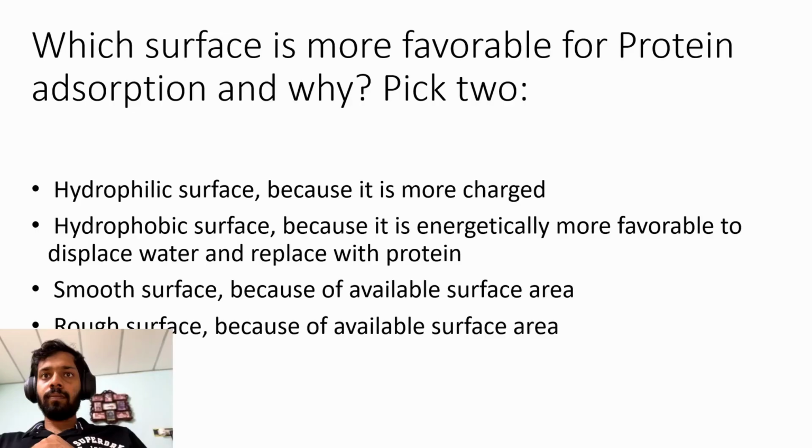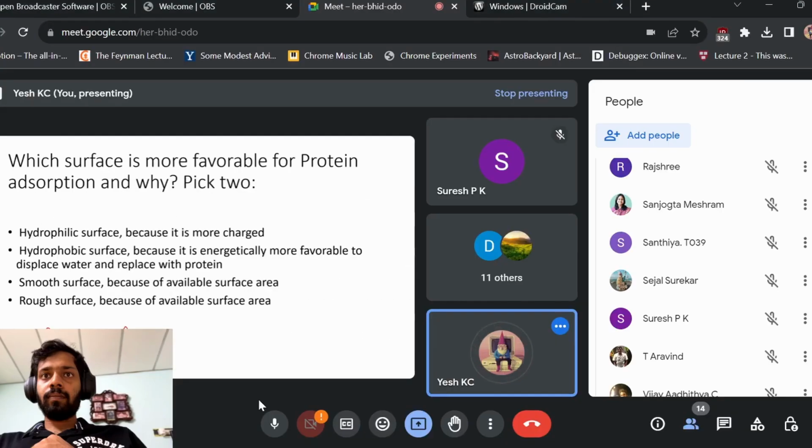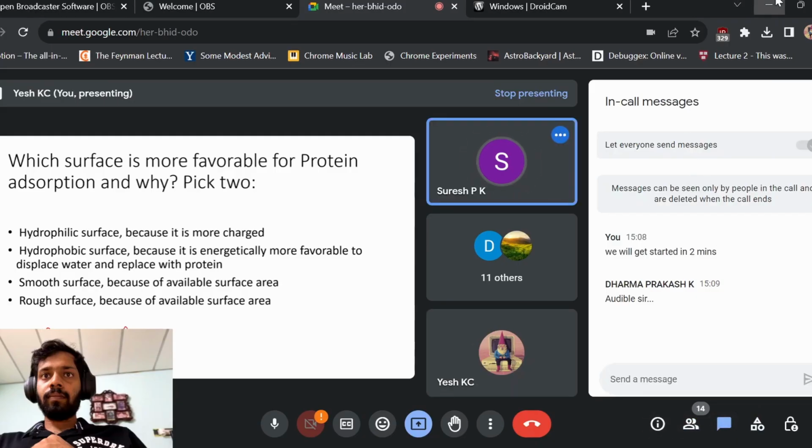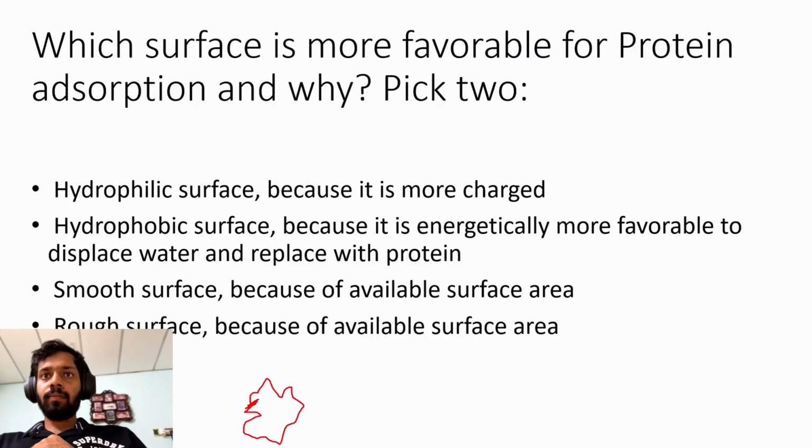If I were to consider this a smooth surface with radius r, and I draw the same as a rough surface, it will be something like this. Same radius. But which one has more surface area? The rough surface will have more surface area, so it will be more favorable for protein adsorption.